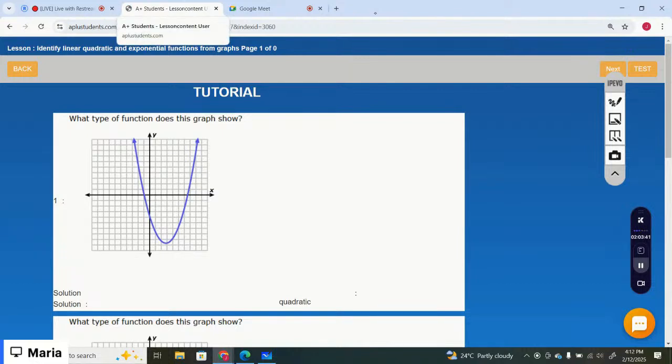What type of function does the graph show? That is the quadratic function.